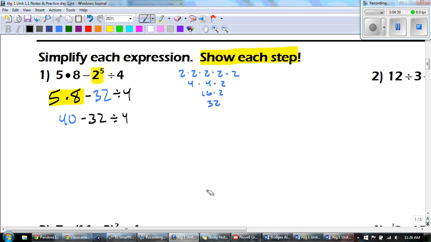Now, I can't subtract right now because there's that division right there. Division comes before subtraction. So we have 32 divided by 4, which is 8. And then 40 minus 8 is 32, and 32 is our final answer.